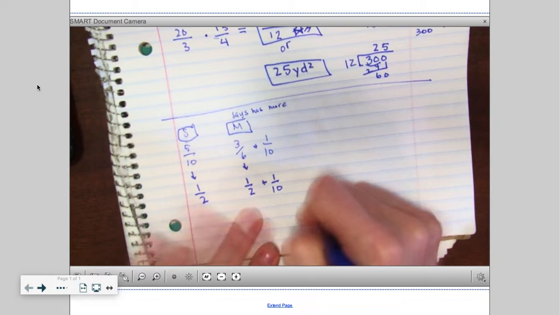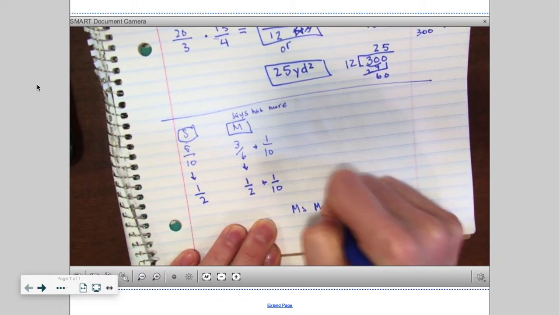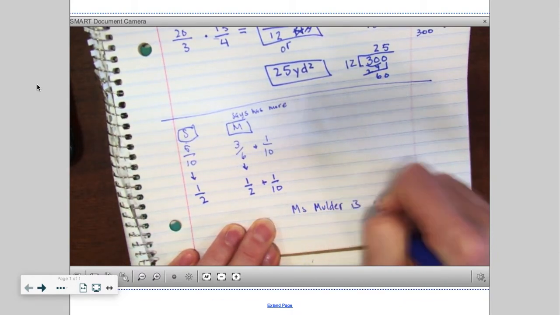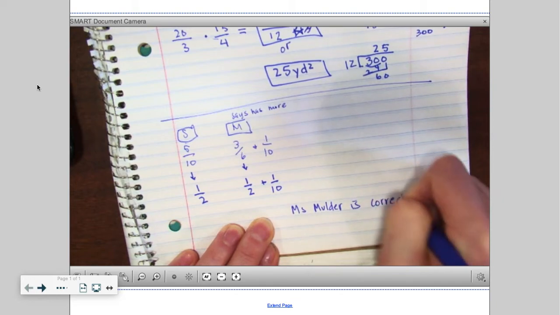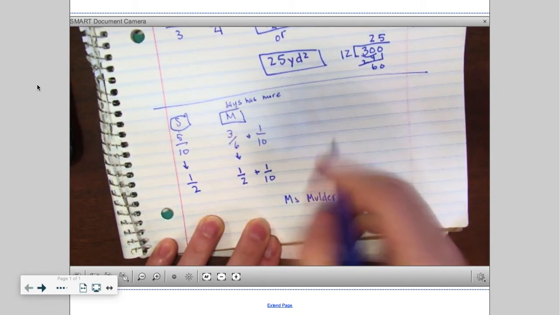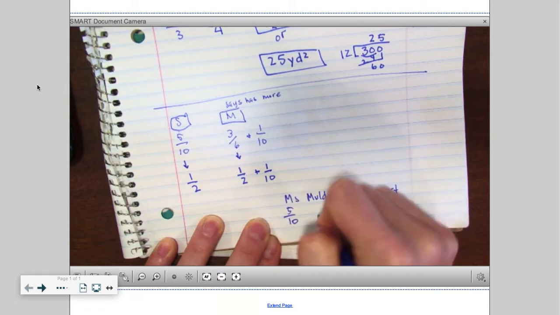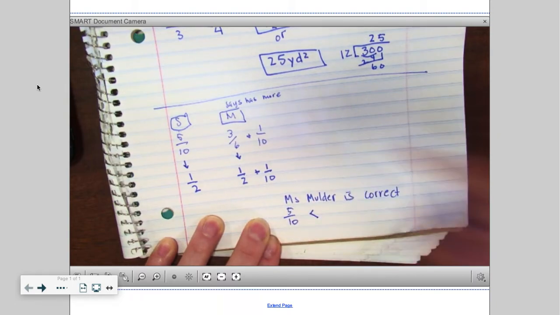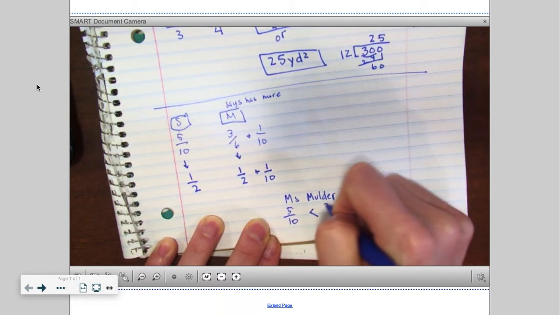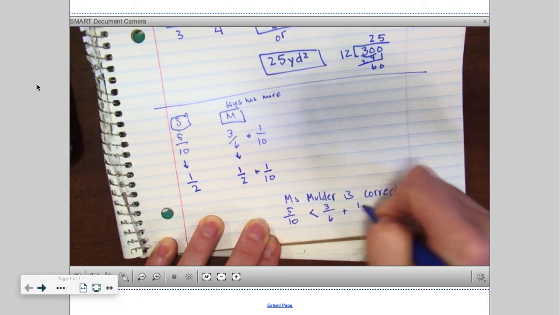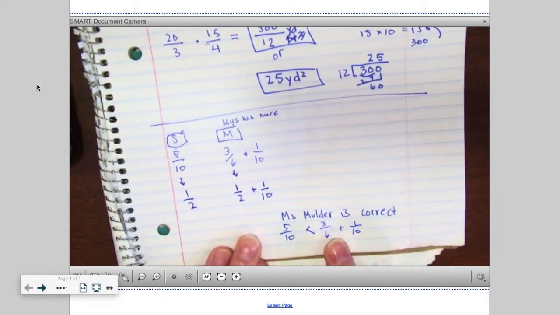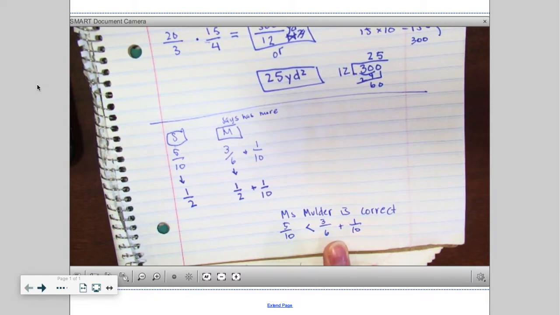So Ms. Mulder is correct. 5/10 is less than. All right, and that's how I can prove my answer.